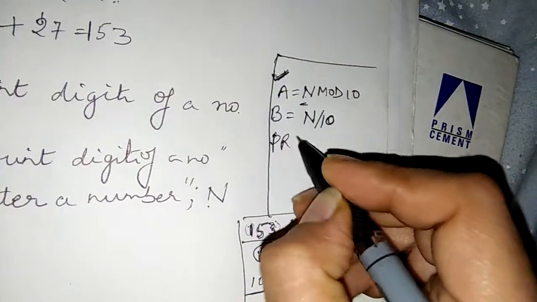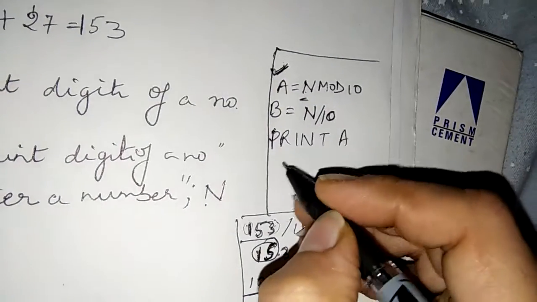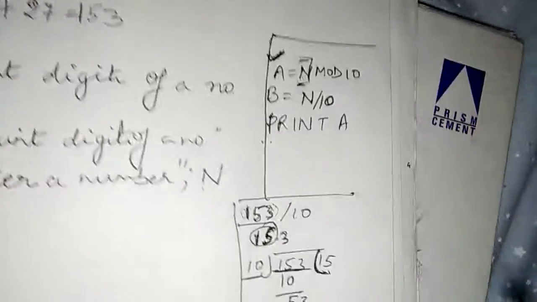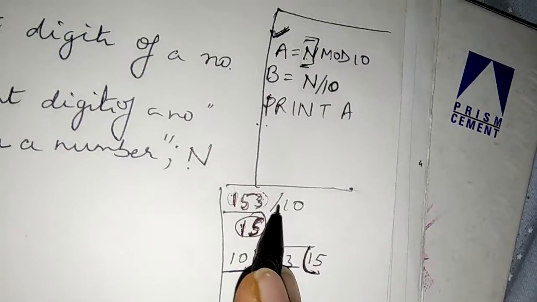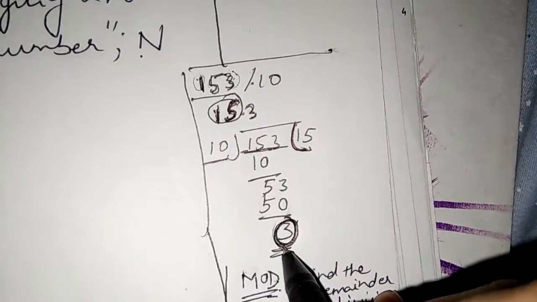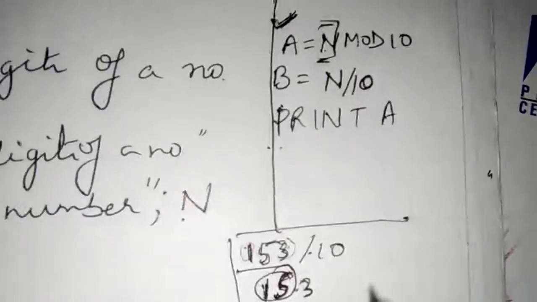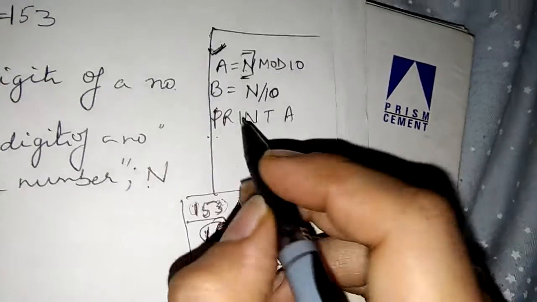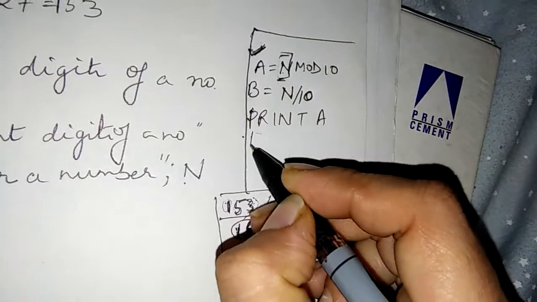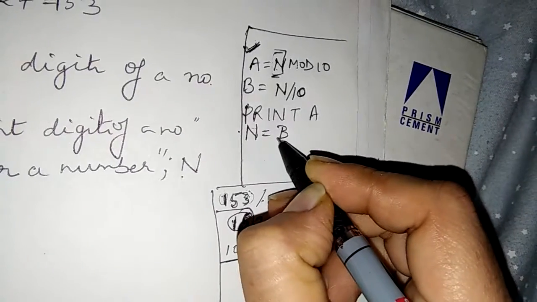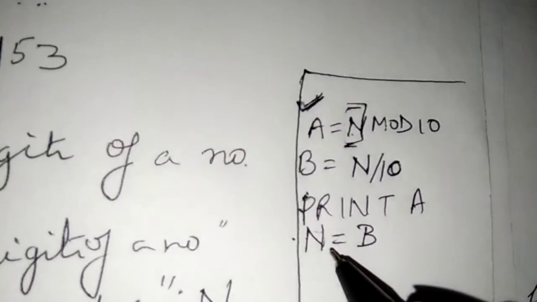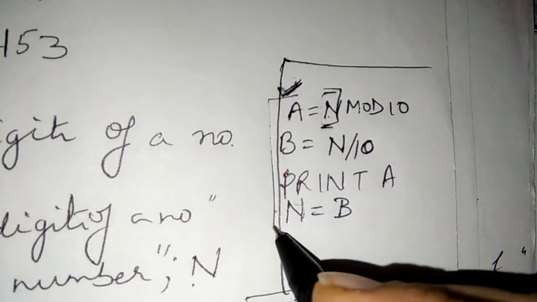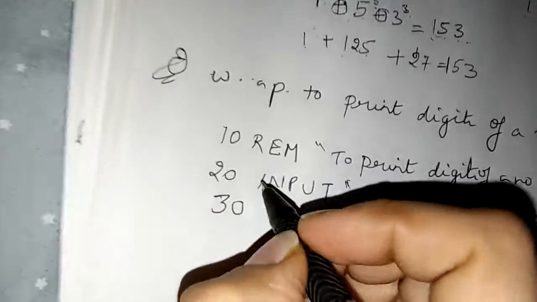Suppose I have to print, so I will print A. Okay, then what I will do, I will reduce the value of N, because first I have to divide 153 by 10 and then find out the remainder, and then I have to divide 15 by 10, and then only I will get 5, right? So for reducing the number, I am writing N is equal to B. Now my new number is B, and these steps will be repeated how many times?